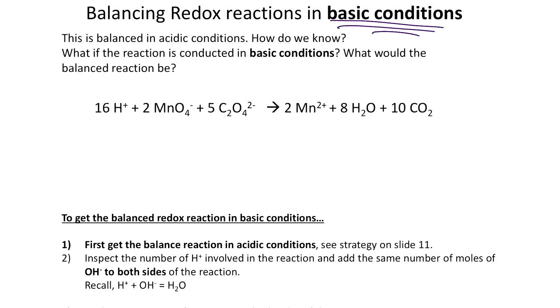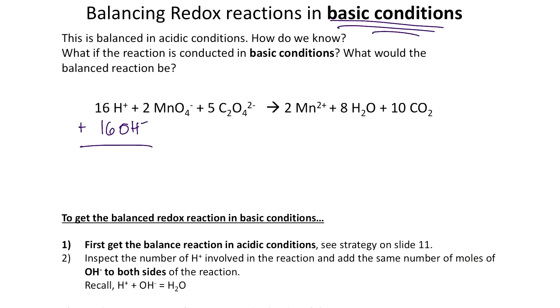So do the 7 steps in acidic conditions first, and then to get this reaction into basic conditions, we're going to just add base. We're going to essentially add OH minus to neutralize that H plus. So if I add 16 OHs here, H plus OH is what?